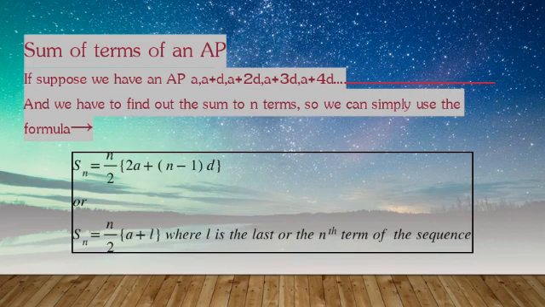So what will we do? We can simply apply this formula: S_n equals n upon 2 into (2a plus (n minus 1) into d), or S_n equals n upon 2 into (a plus l), where l denotes the last term or the nth term of the sequence. Here in this formula, we have to just put the values of n, a and d, and then we can find the sum.